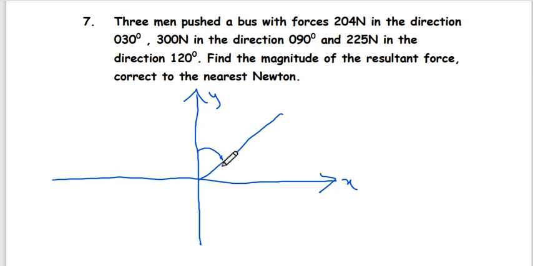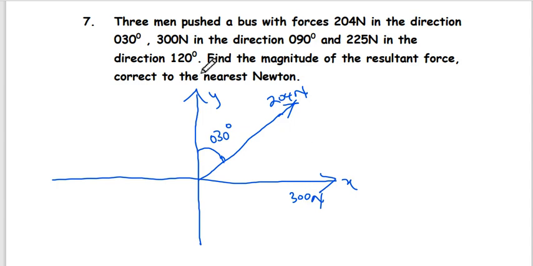Let's just sketch it. Let's assume this is 030 degrees, and this force here is 204 newtons, and 300 newtons in the direction of 90 degrees. So this is 90 degrees on this line, and that's 300 newtons.